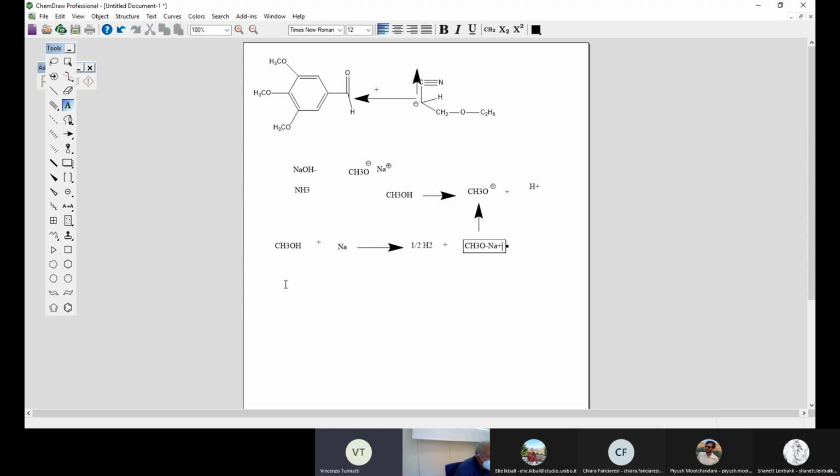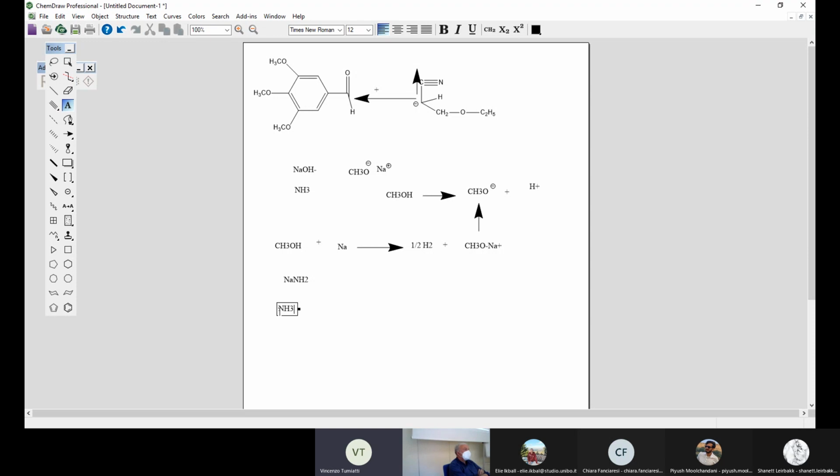There is another example of a very strong base: sodium amide, NaNH2. Normally, you know ammonia, NH3.